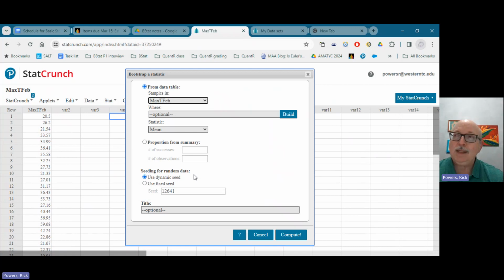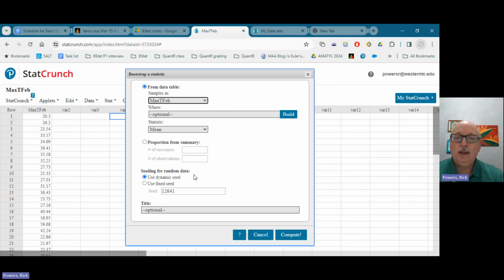So when we say there's a seed, a dynamic seed means that the computer looks at like the time of day or something and says, well, let's start our calculations just by using this as like a random starting point. But if you use the fixed seed, then the computer is actually going to produce the same results every time.